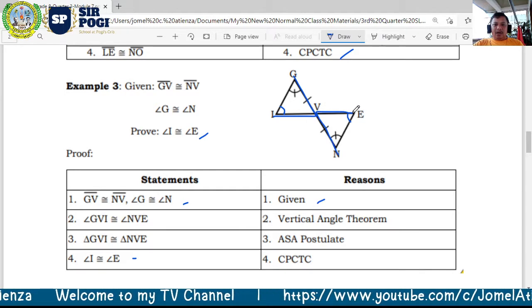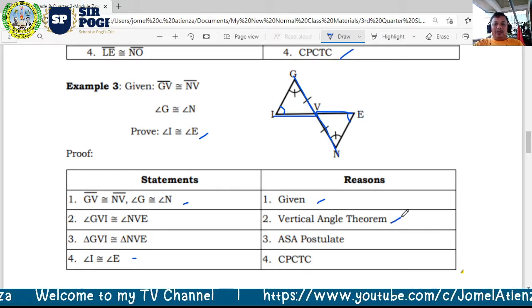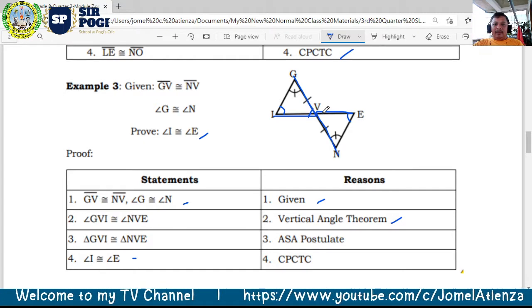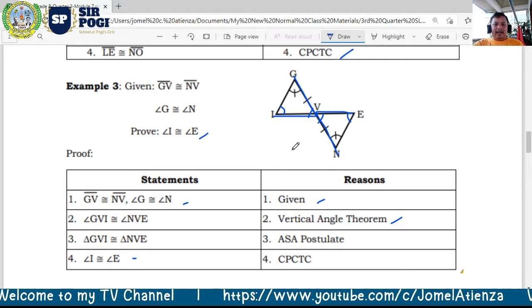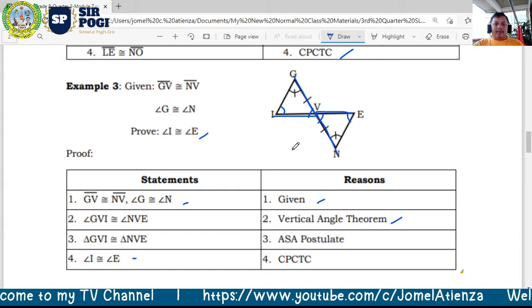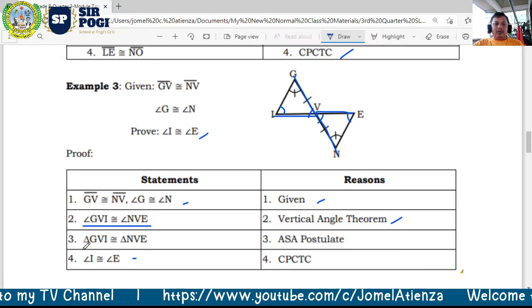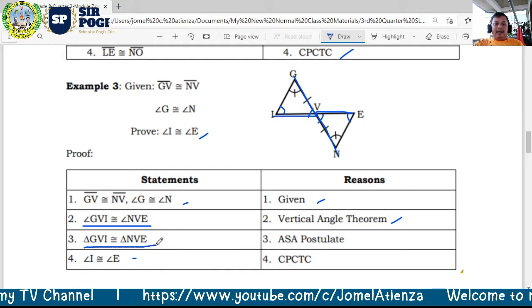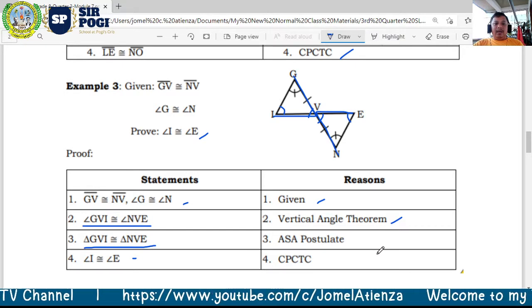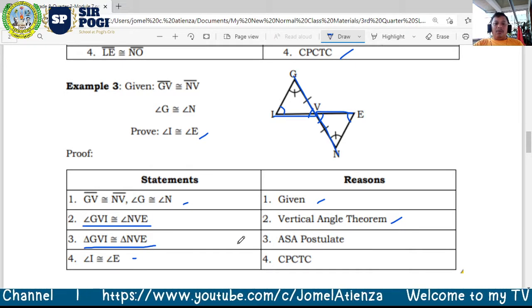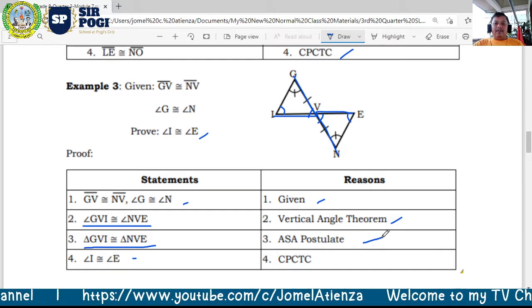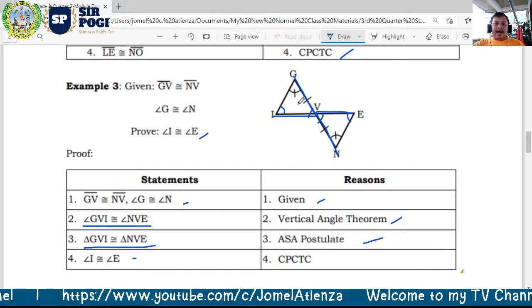NBE. So, yun. So, vertical angle theorem. So, meron tayong vertical angle theorem. So, therefore, masasabi natin na itong angle na to ay equal. So, yung triangle GBI and triangle NBE is also congruent. And that is by means of angle side angle.